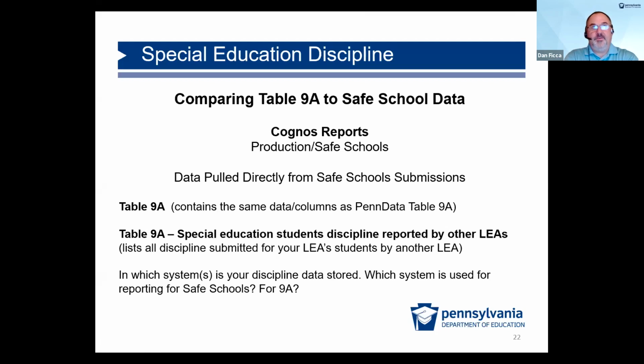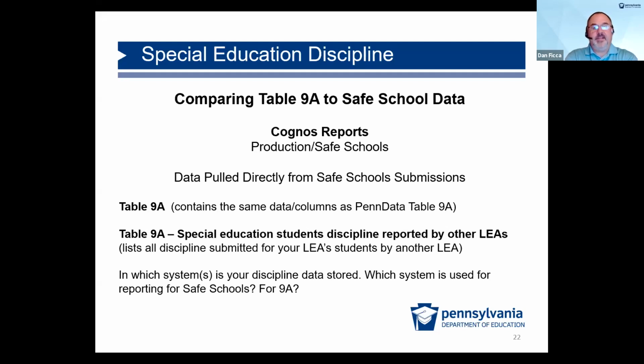It shows the reporting LEA and then the district of residence or charter schools. So you will see students that were reported, that are your students that were reported by some other LEA. And if you want to break that down, there's a separate report, table 9A, special ed students discipline reported by other LEAs.